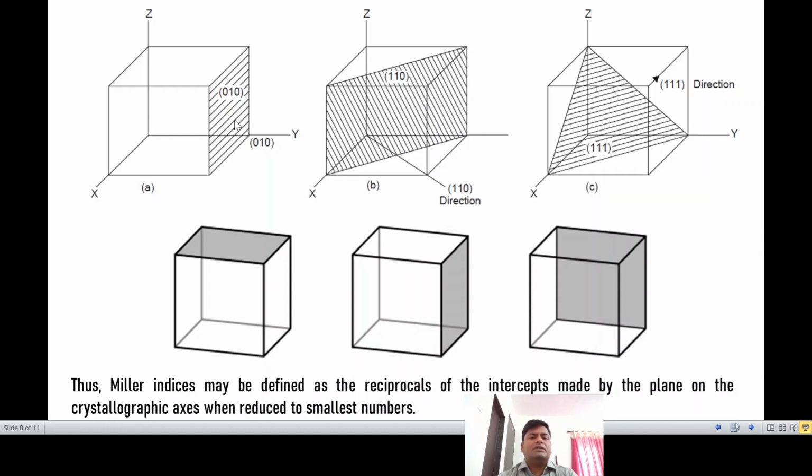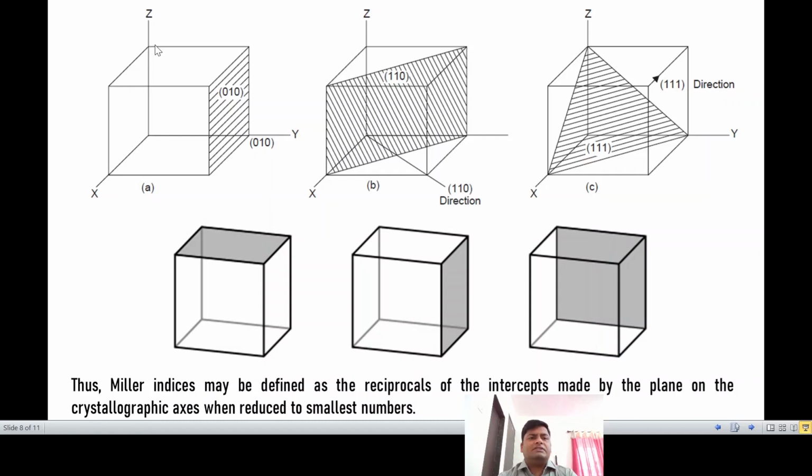Over here you can see this plane specifically intercepts the y-axis only, and it is parallel to the z and x axes. So its intercept for y will be 1, and for x and z, as it is parallel, if we take the reciprocal of the three intercepts, for x it will be 0 as 1 upon infinity, since this plane is parallel to the x-axis and will never meet it, so the intercept will be infinity.